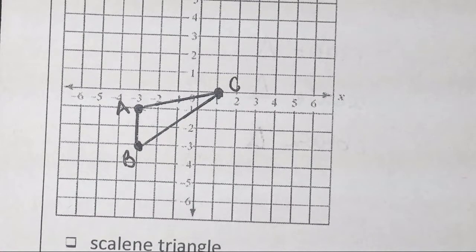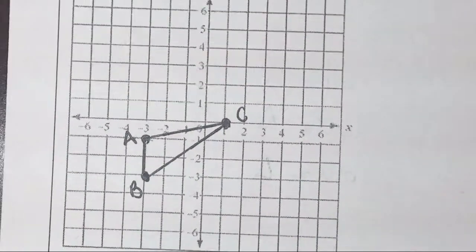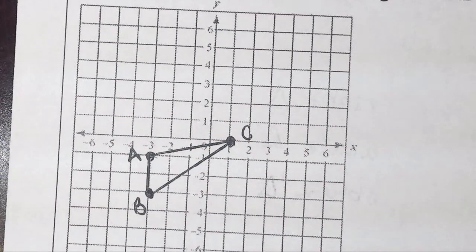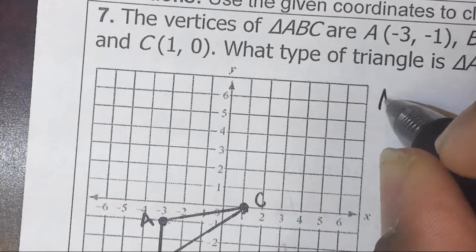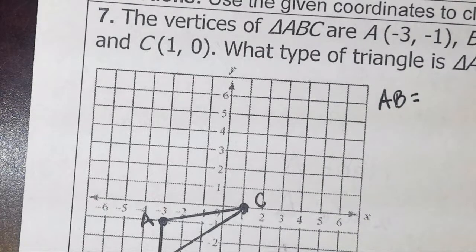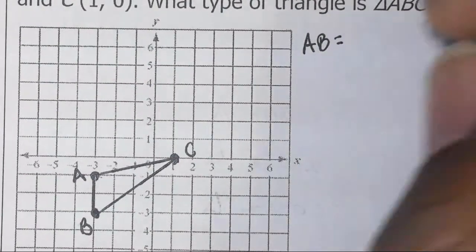I'm glad we made these smaller, makes it easier for us to count. So my first side, AB, you can see that's vertical, so you can just count that. What's the length of AB? 2.